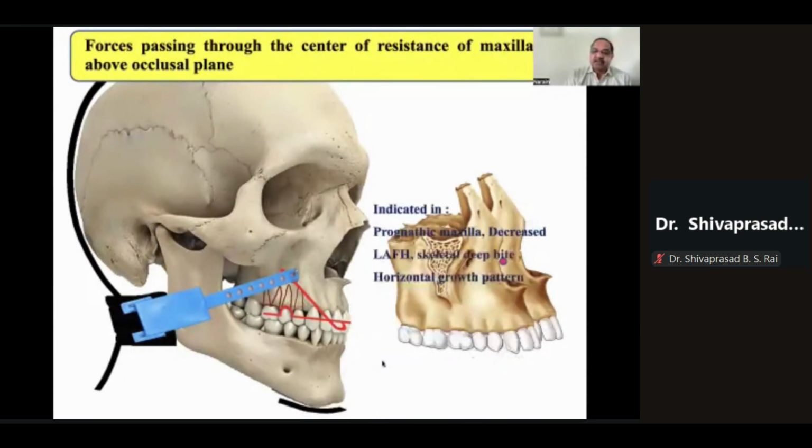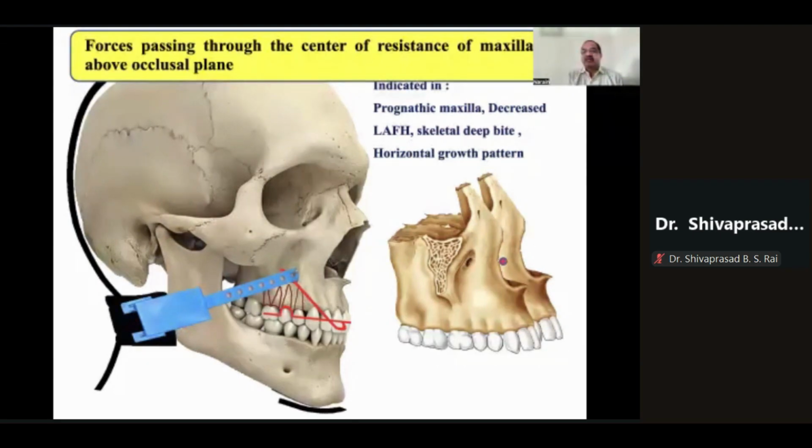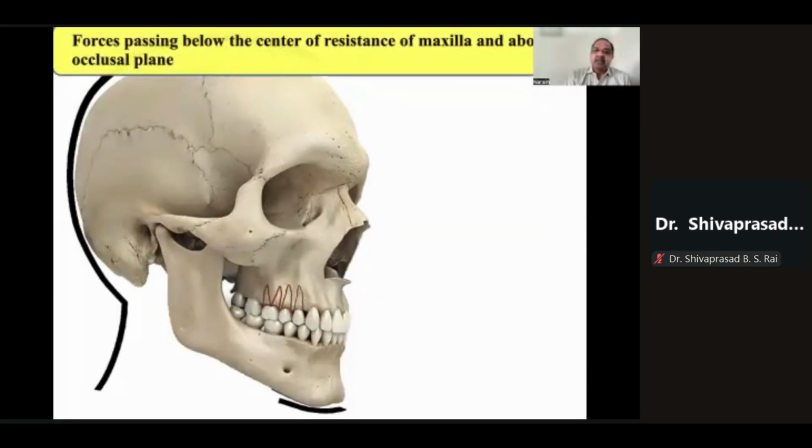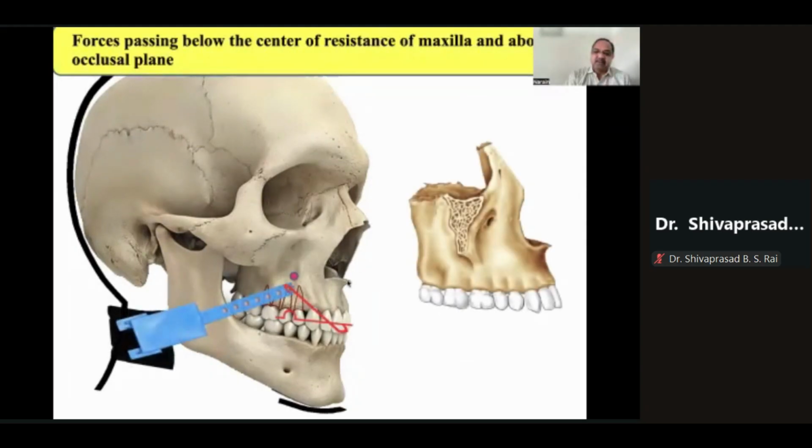And so this is indicated in cases where you have a prognathic maxilla, decreased lower anterior facial height, skeletal divide, and a horizontal growth pattern. Now, forces passing below the center of resistance of the maxilla and above the occlusal plane.